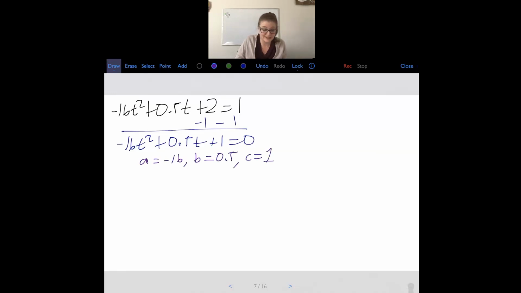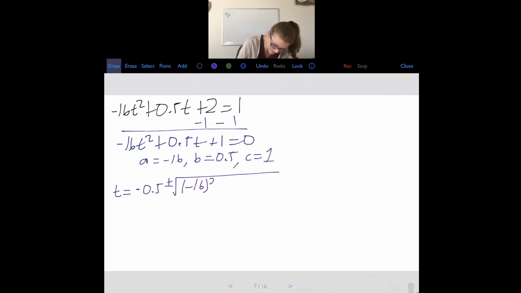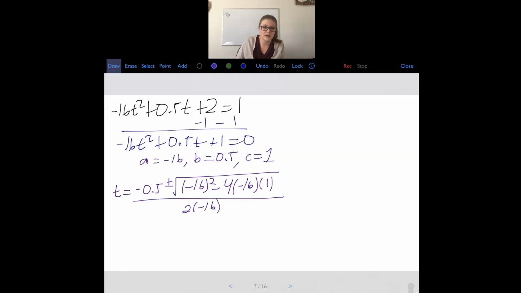So we start off by plugging everything in. We have t is equal to negative 0.5 plus or minus the square root of negative 16 squared minus 4 times a times c, all over 2 times negative 16. Okay, and then we continue on from here.